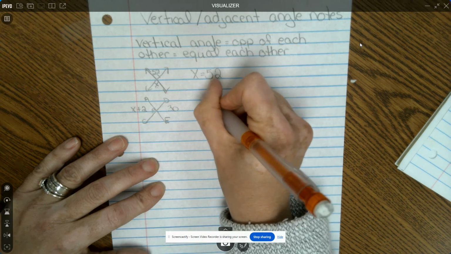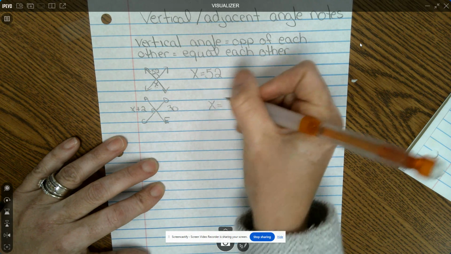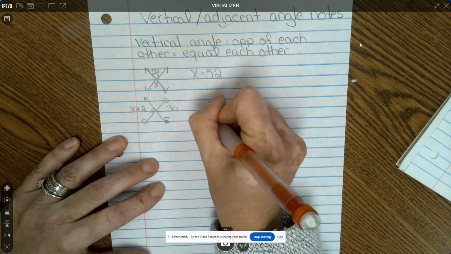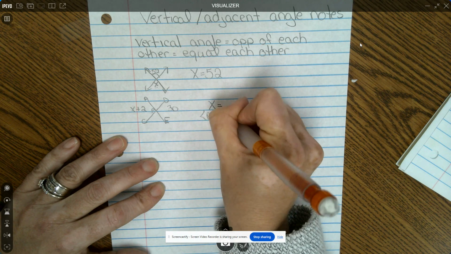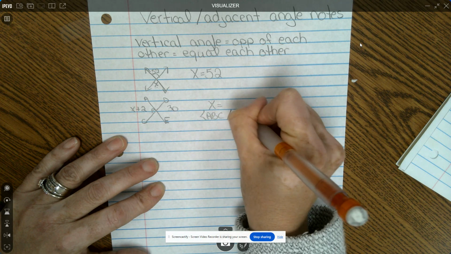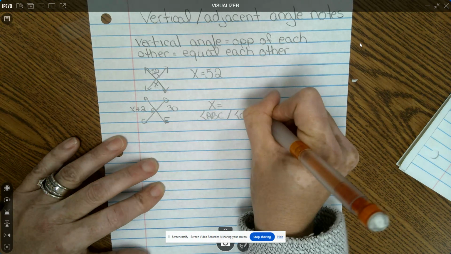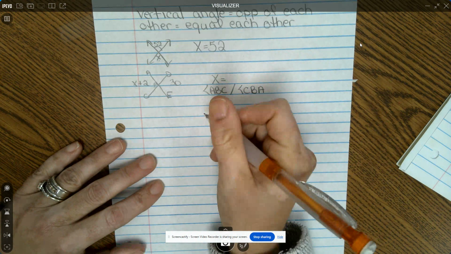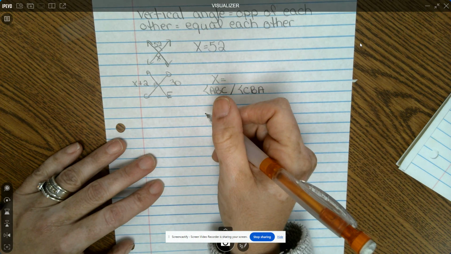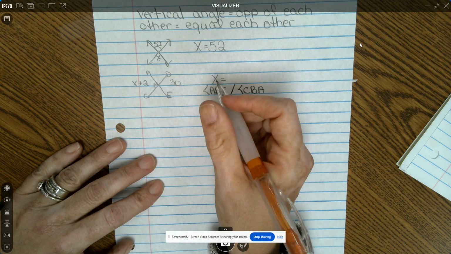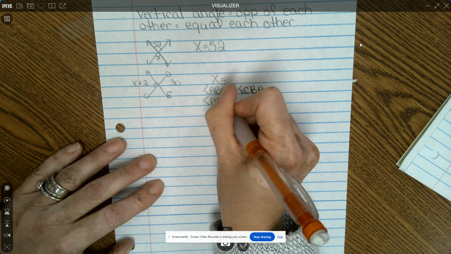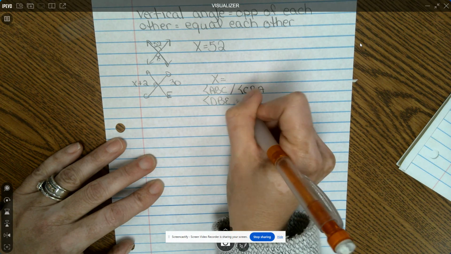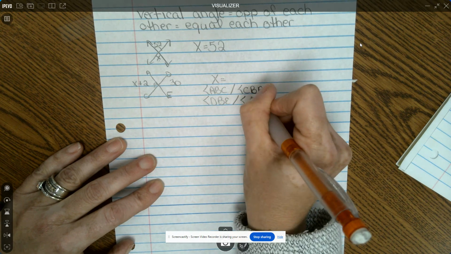I want to know what x equals. I want to know what angle ABC, and I'm just going to put a slash because I want you guys to know that you can see it either way. And angle DBE, or angle E.